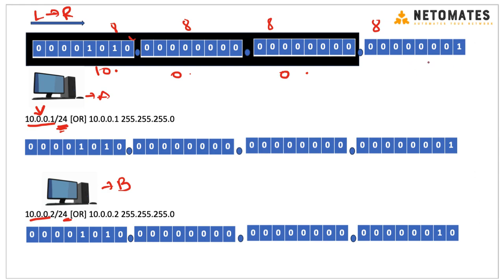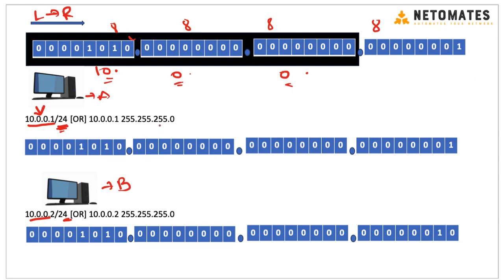When we looked at the student example, the student unique ID is 15 and the remaining addresses can be from 1 to 14 and 16 to 100. So here we are locking the first 24 bits, which means every other IP address in the same group or subnet will start with 10.0.0 only, and these values can be changeable, so these are not locked.